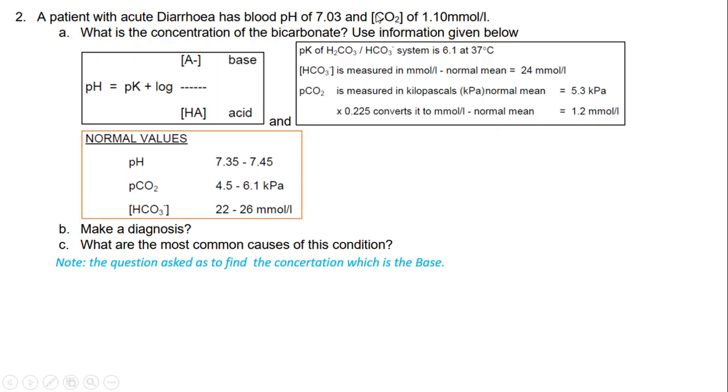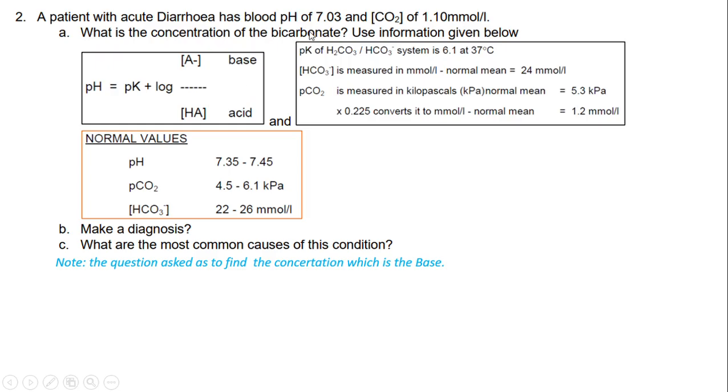Now, even the concentration of CO2, we know the partial pressure is this, right? 4.5 or 6.1 partial pressure. Now it's less than that, so it is in acid. So 1.10, it's an acid. That's the reason why we identify this when we want to define the bicarbonate.